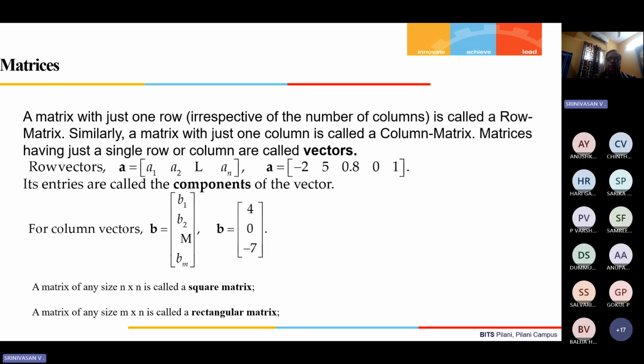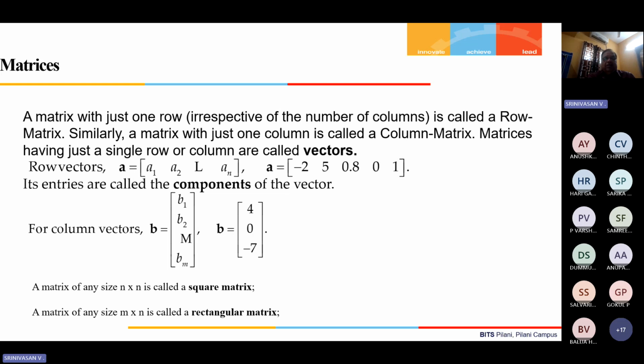You might have studied vector calculus, vector analysis, but here in matrix parlance, in linear algebra, and later on, in the very next session about vector space, we will be dealing with vectors. So it's a kind of prelude in matrix that row matrix as well as column matrix can also be regarded as vectors.